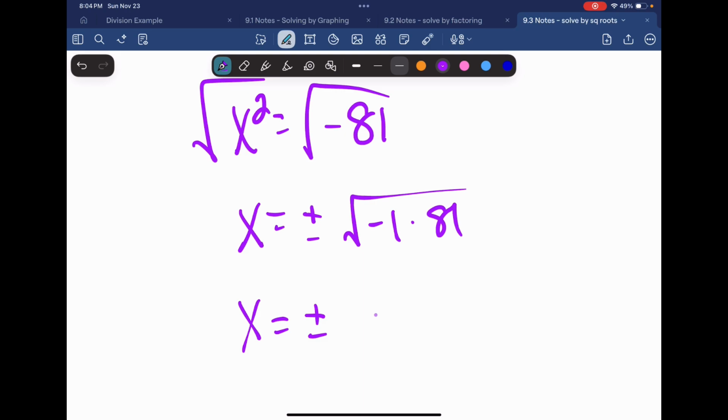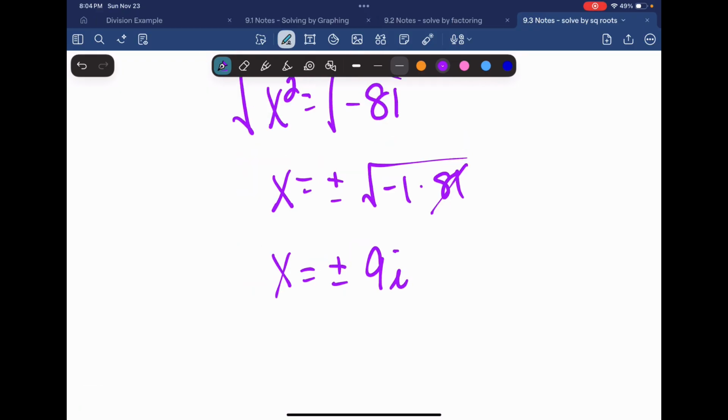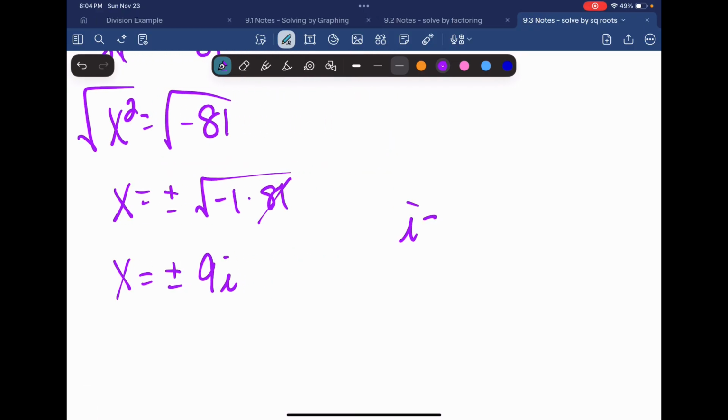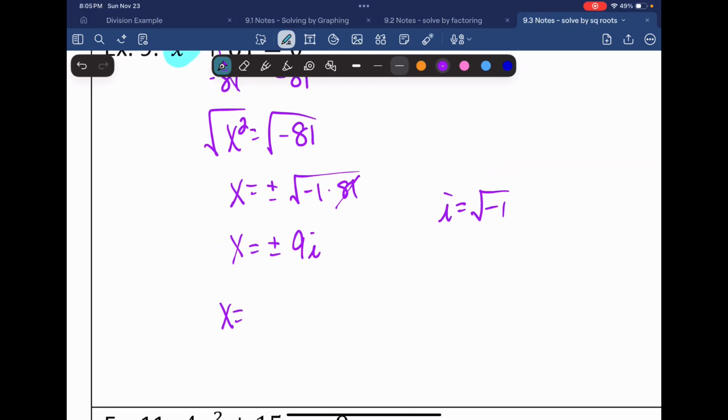Square root of 81, I'm going to do that one first, is 9. Square root of negative 1, that's i. Remember, i equals the square root of negative 1. So my two possible solutions are positive 9i and negative 9i.